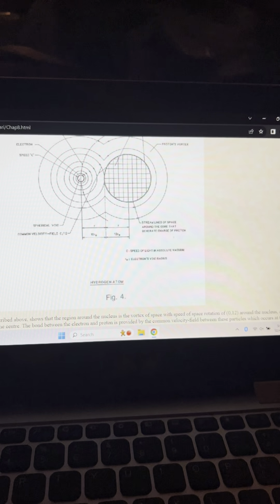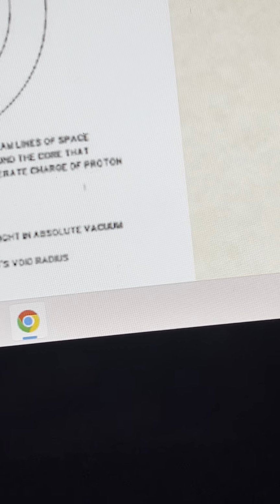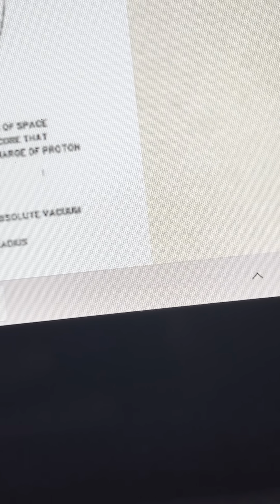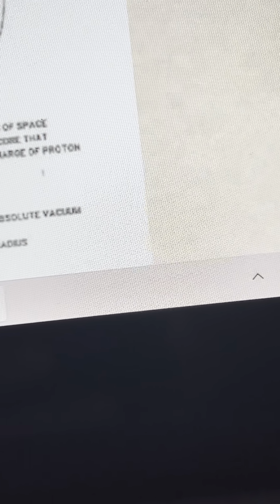This is figure 4, hydrogen atom. Let's see if I can read this. Streamlines of space around the core that... I'm trying to read this word right here. Penetrate, is it... demonstrate charge of... I cannot read that.